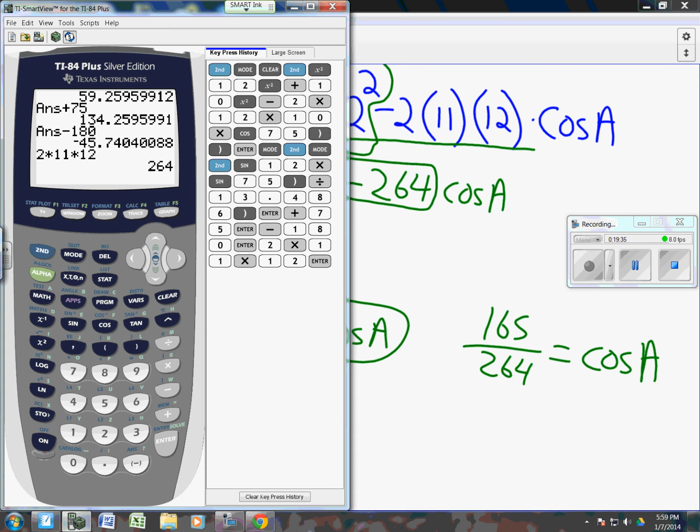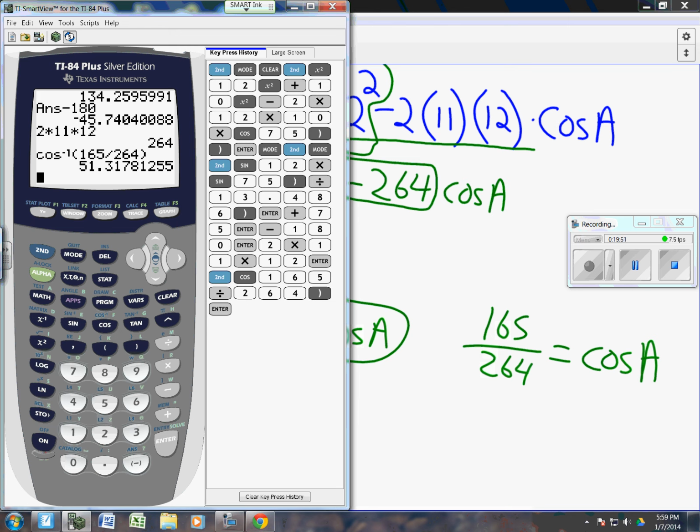So, we got to find the cosine inverse because we're trying to find angle A. So we're going to go second cosine, and 165 divided by 264, and we are going to get 51.32 degrees.